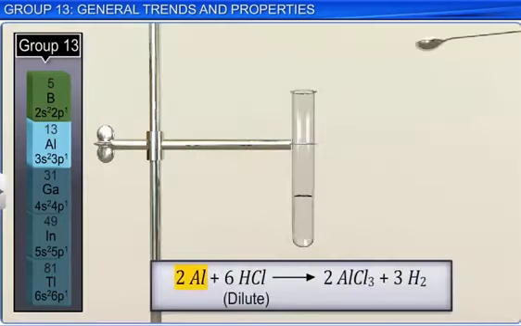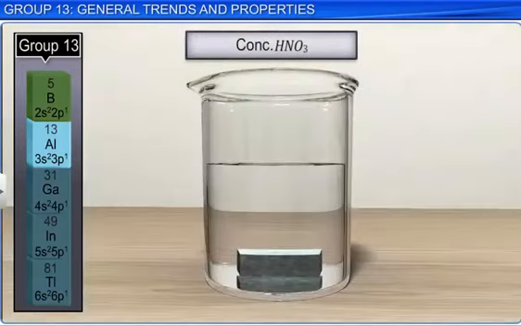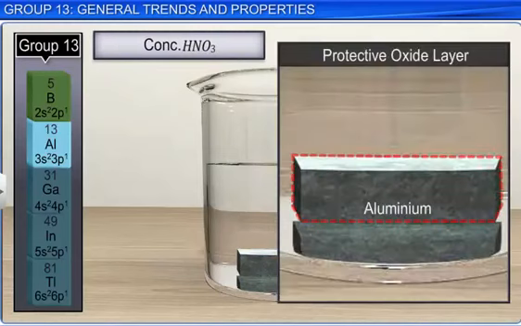Aluminium reacts with dilute hydrochloric acid in a single replacement reaction, as shown here. Hydrogen gas bubbles out of the mixture. In the presence of concentrated nitric acid, aluminium forms a protective oxide layer on its outer surface, preventing further reaction.